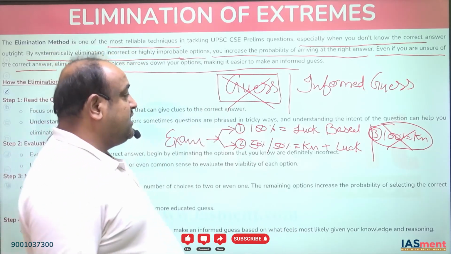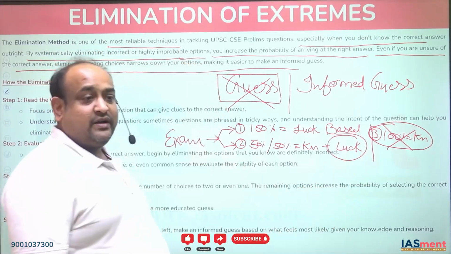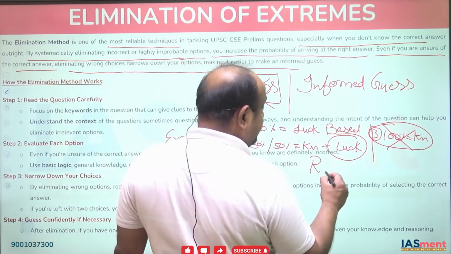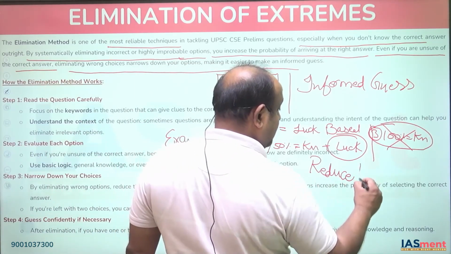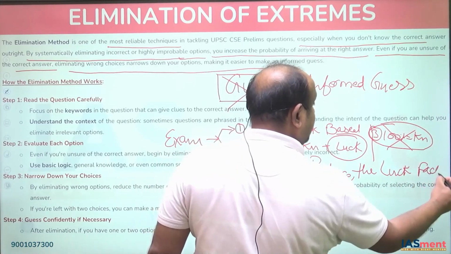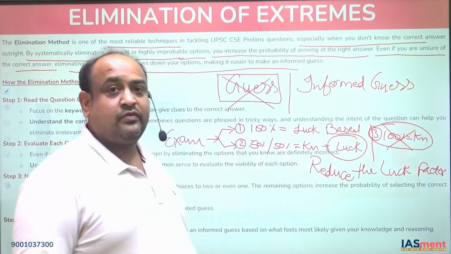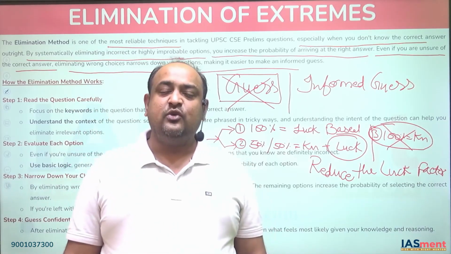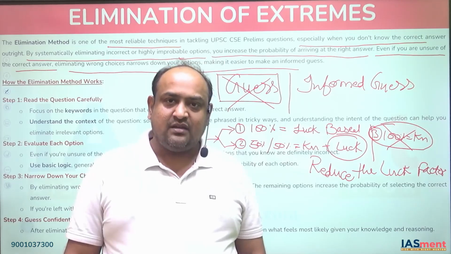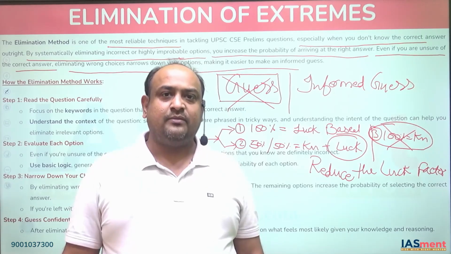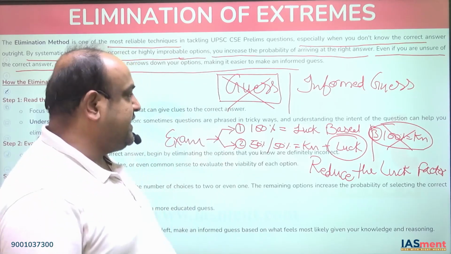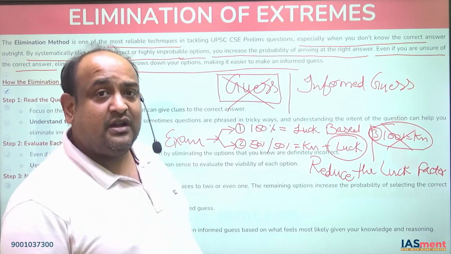Here definitely luck factor works, but our job is to reduce the luck factor as much as we can. But if you think that I will eliminate 100% the luck factor, that is not possible. Luck factor definitely works.